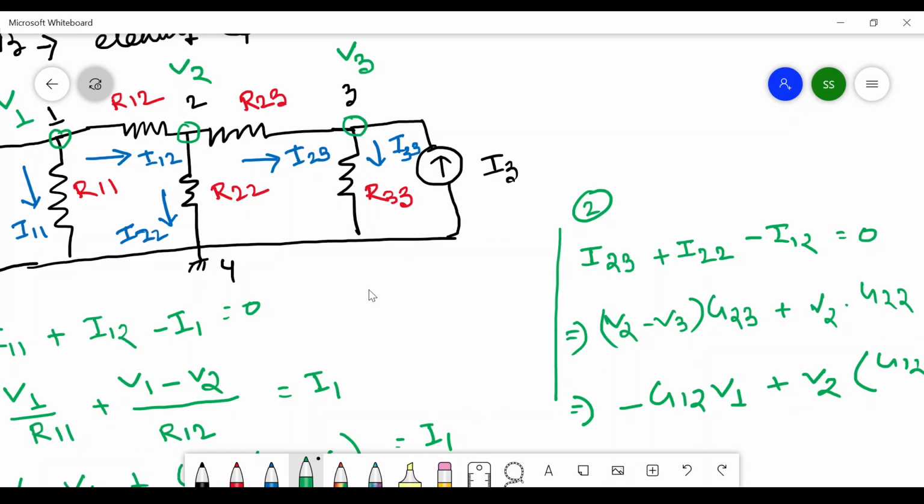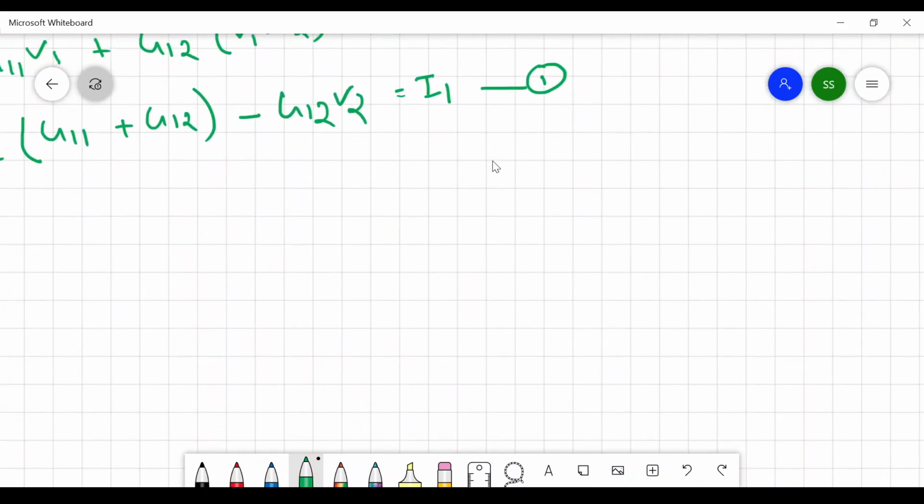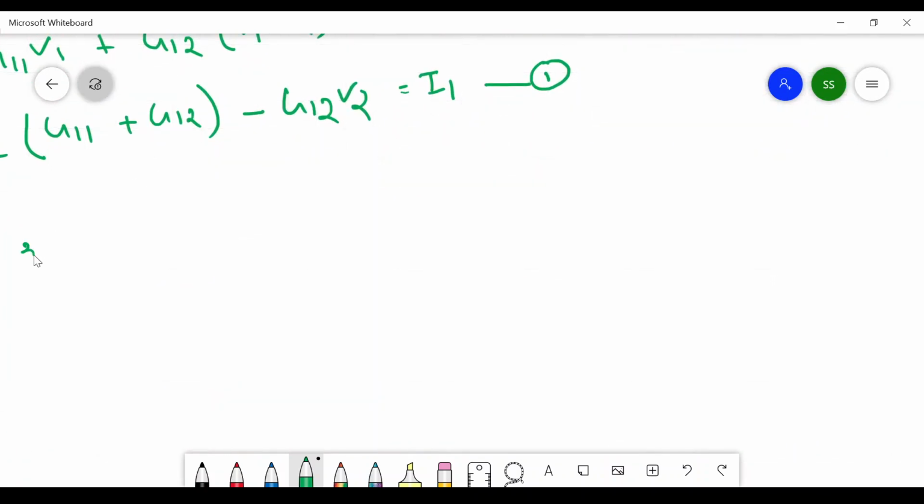For node 3 we can write minus I23 minus I3 plus I33 equals 0.